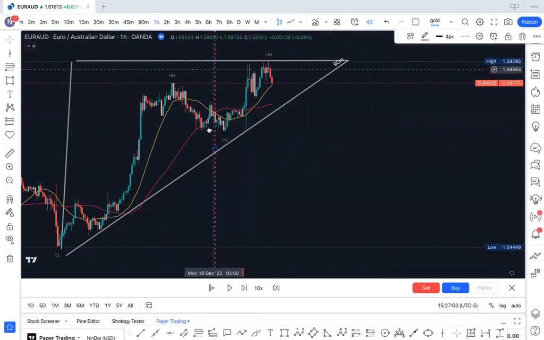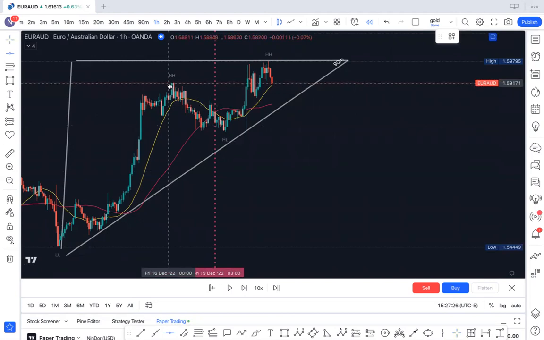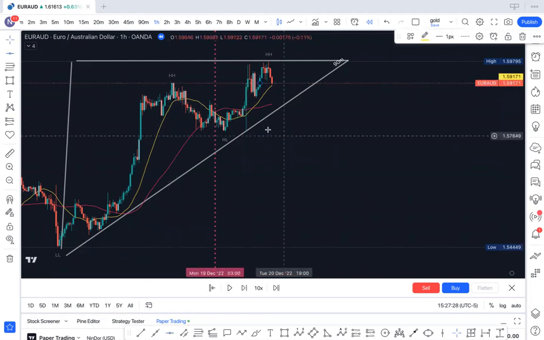It happens right here where I have this red vertical line. And then we want to focus our eyes to the left to the highest high prior to this particular cross. And as we see here, this high right here is where the highest high appears. So I'm going to put a marker there to identify that being the higher high.